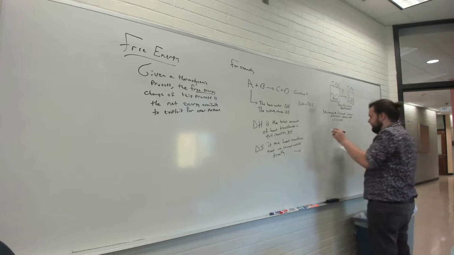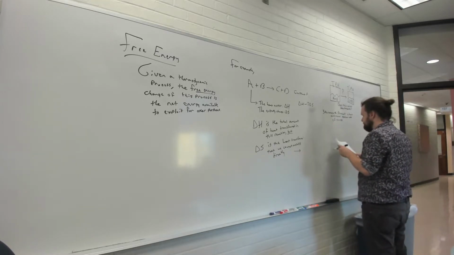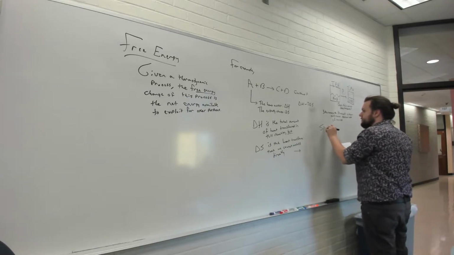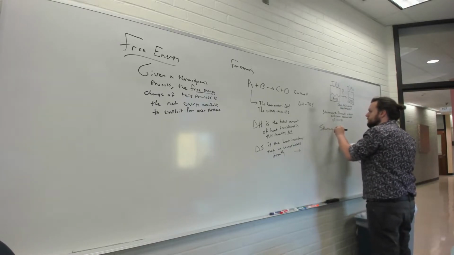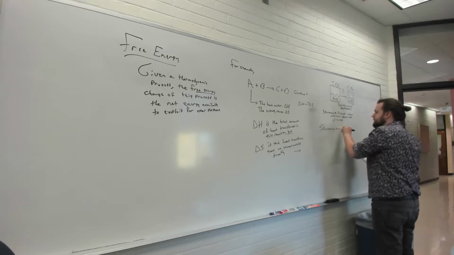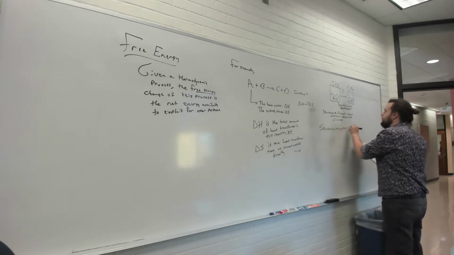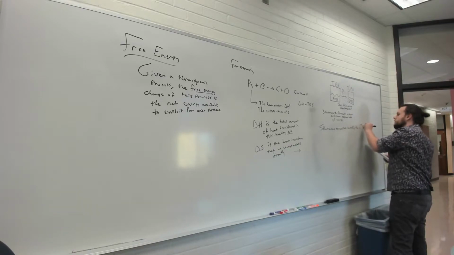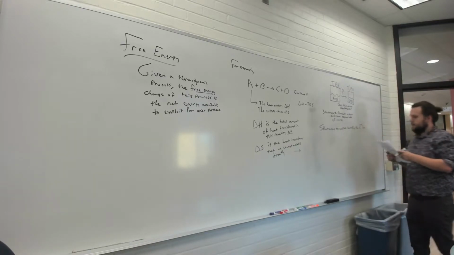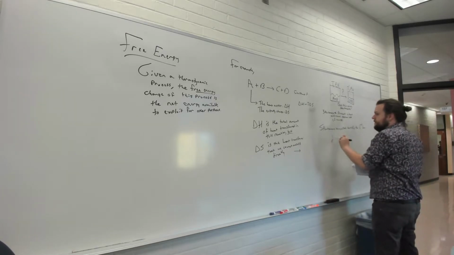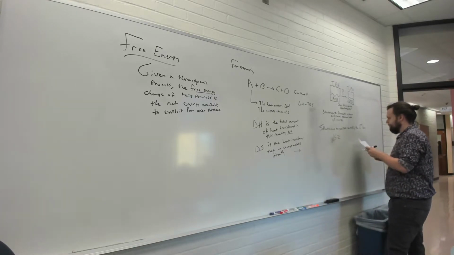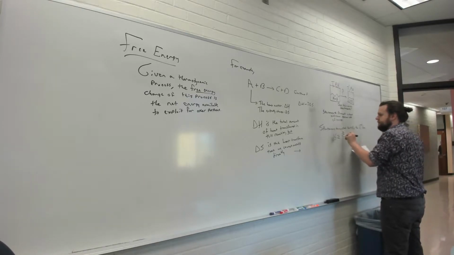The definition of spontaneity: spontaneous processes satisfy the second law, which means that the change in entropy is greater than or equal to the change in heat divided by temperature.